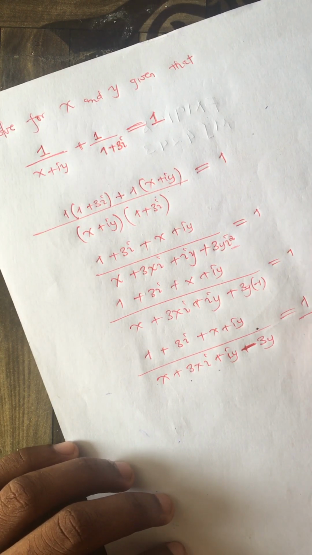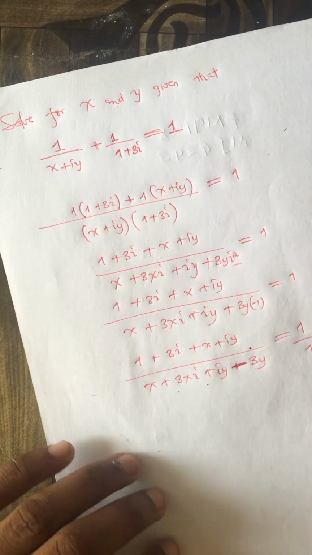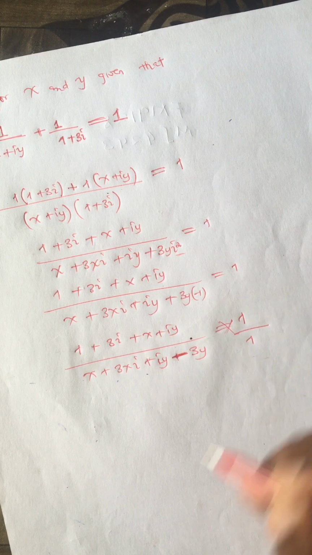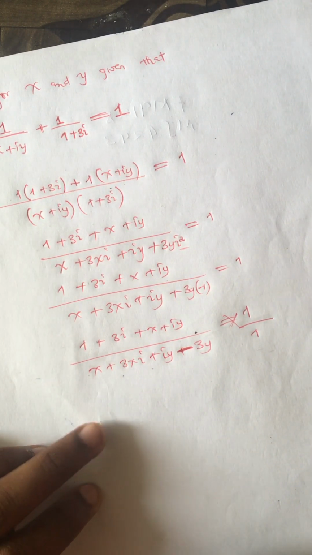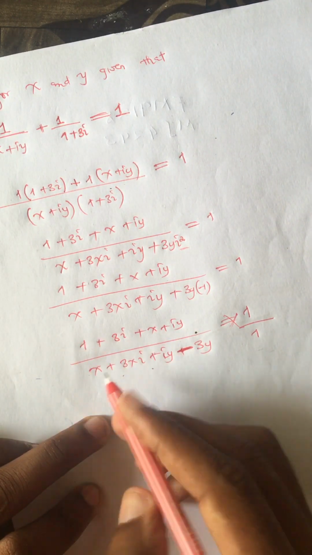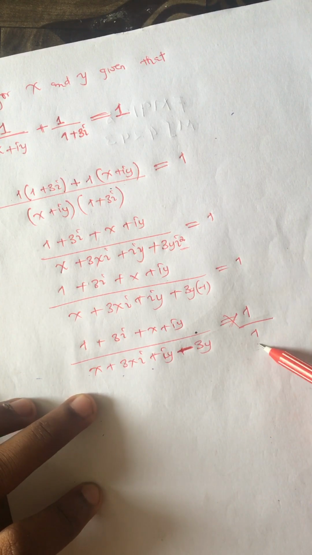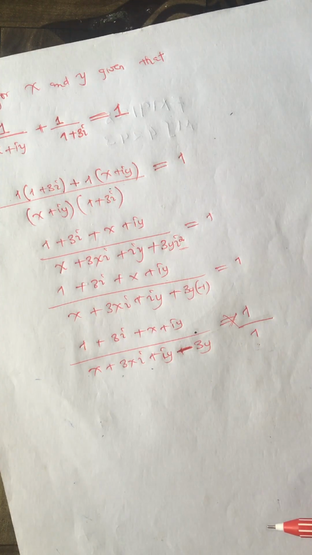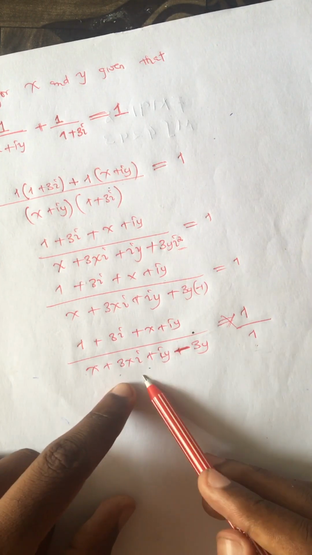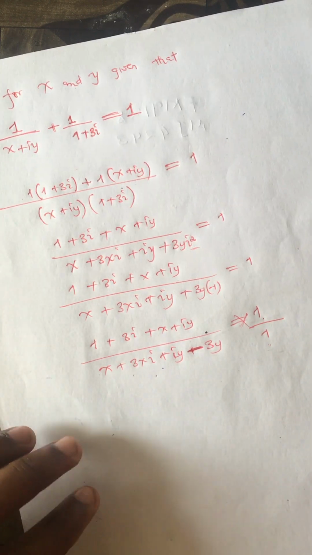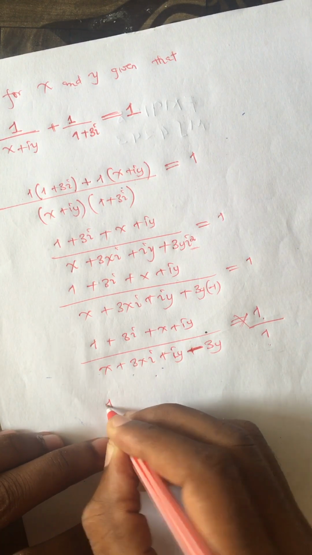Then this one can be balanced with 1, so that it is easy to cross multiply. Then you can cross multiply. The numerator on this part is multiplied with 1, which is the denominator on the other side. Then the denominator of this part is multiplied with the numerator of the other side.